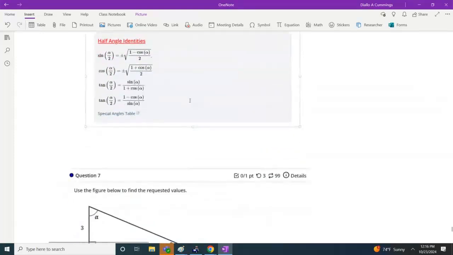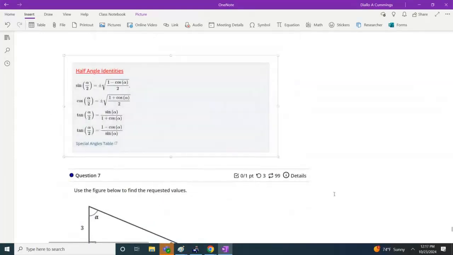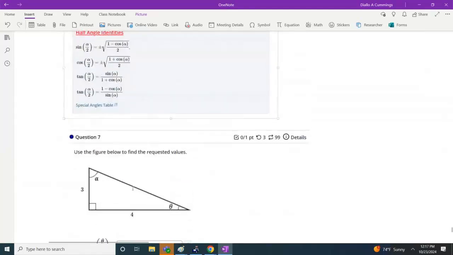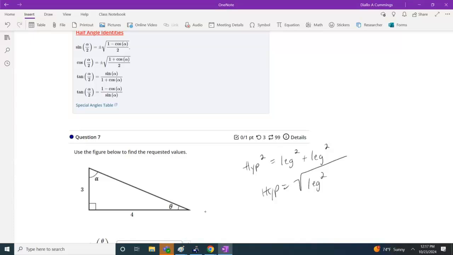Okay, so the first thing we're going to do is find the missing side. Since this is a right triangle, I can use the Pythagorean theorem, right? So the hypotenuse squared is equal to a leg squared plus another leg squared.